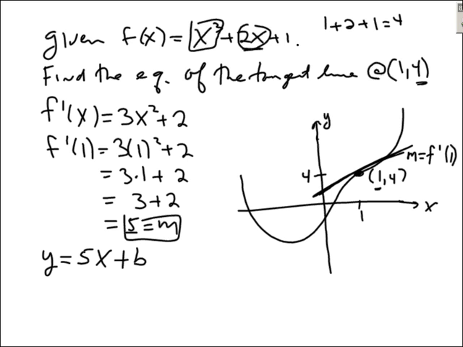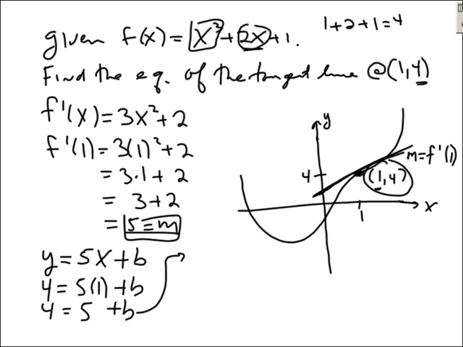We used the fact that m was 5. Now we're going to use the fact that 1, 4 is on the line. y is 4 and x is 1. So 4 is equal to 5 plus b. Bring the 5 to the other side. 4 minus 5 is b. Negative 1 is b.